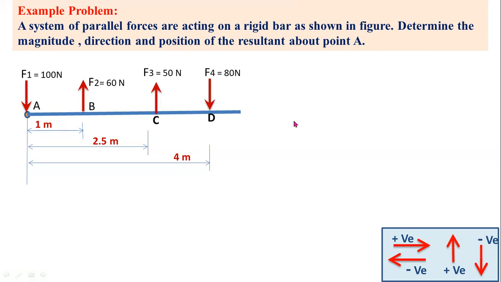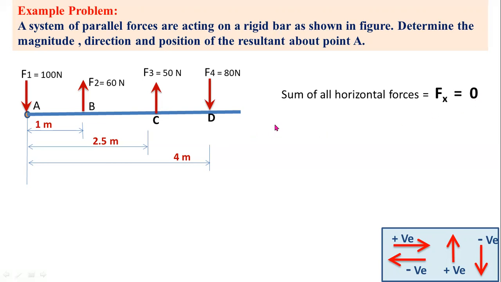First of all, you have to add all horizontal forces. Here you can observe there is no horizontal force in the given diagram. So the sum of all horizontal forces, Fx, equals 0. That's why I consider Fx equal to 0.